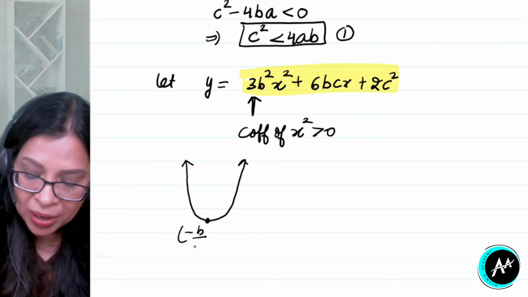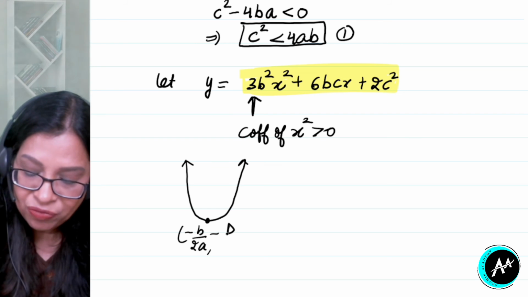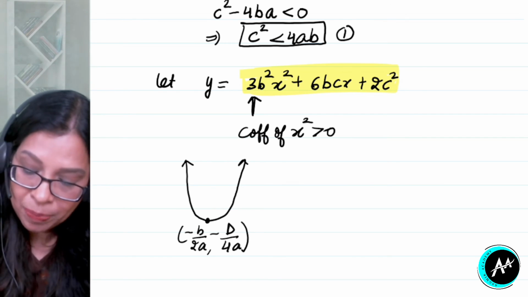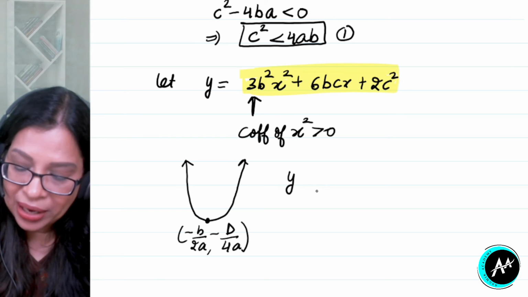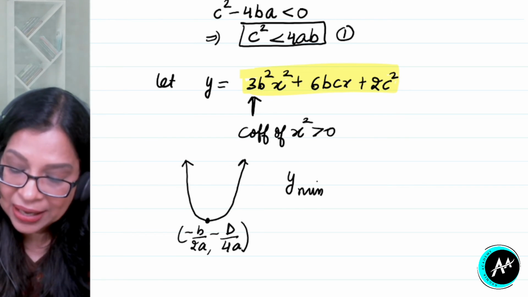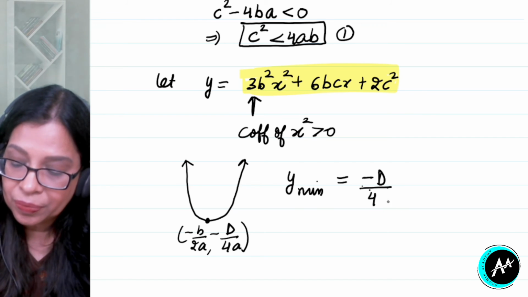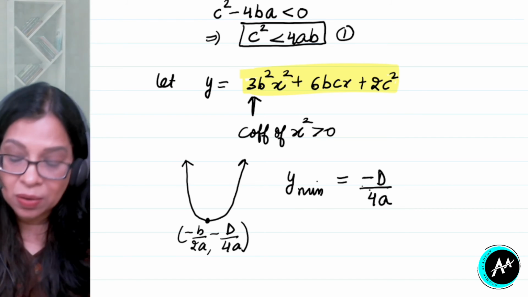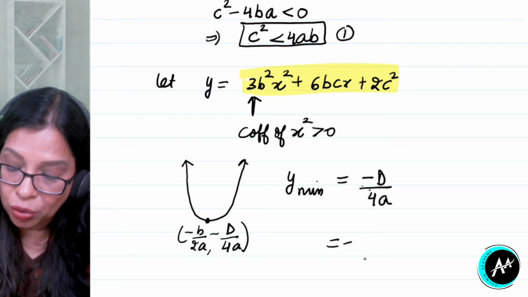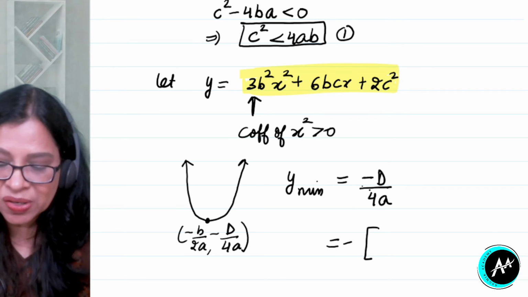The point is minus b upon 2a, remember, and the value was minus d upon 4a. So let me write here the minimum value of y. ठीक है, y की minimum value क्या हो जाएगी? Minus d upon 4a. Let us find the discriminant now. Discriminant is b square minus 4ac.